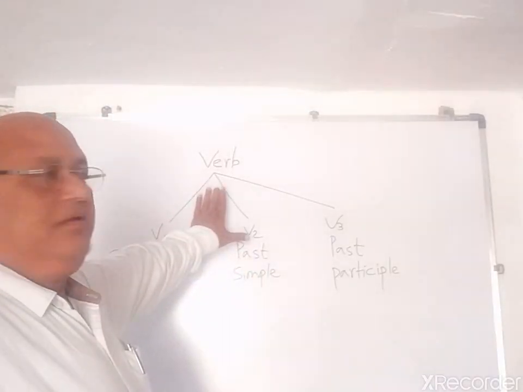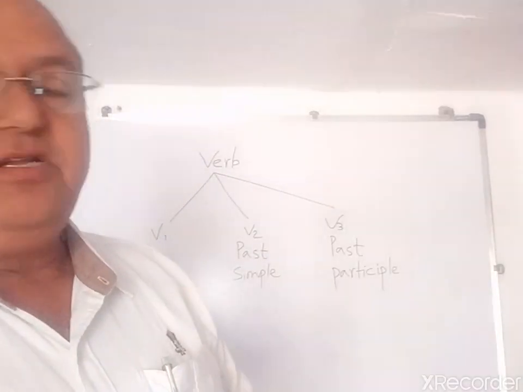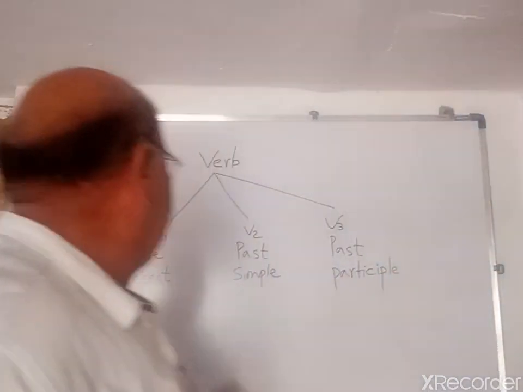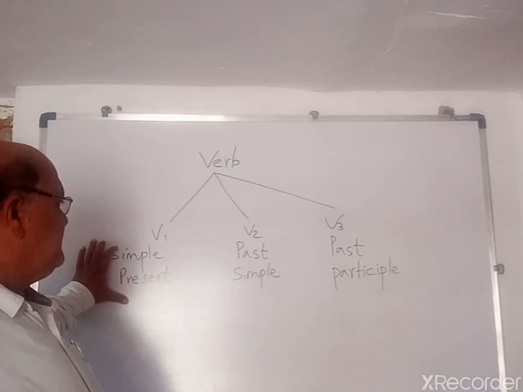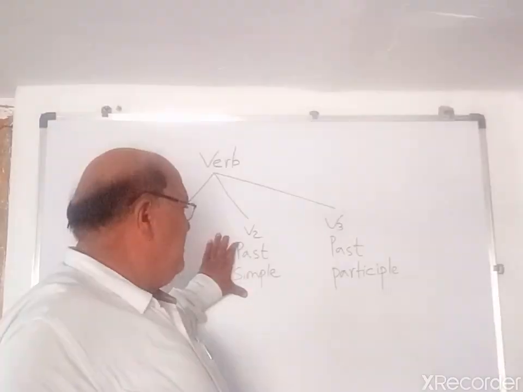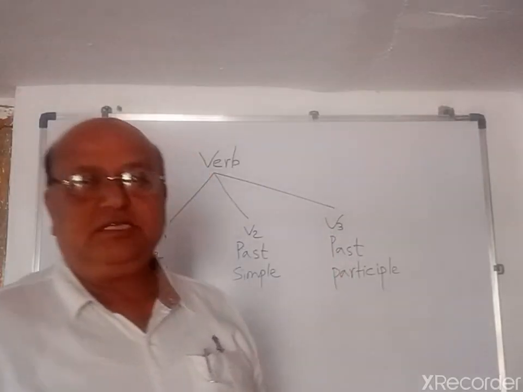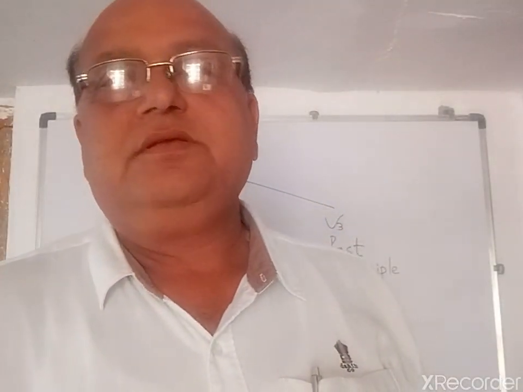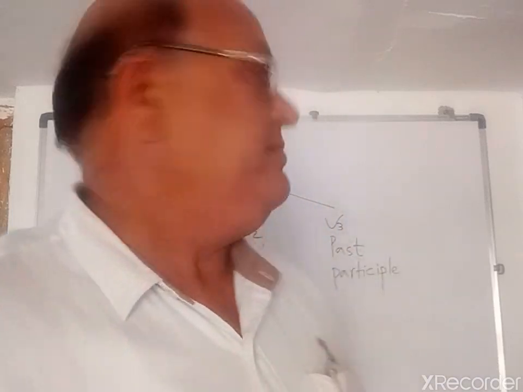Here these verbs need tense. This is tense: simple present tense, past simple, past participle. Three forms. And we have seen that there are two tenses and they are used for 3 times.